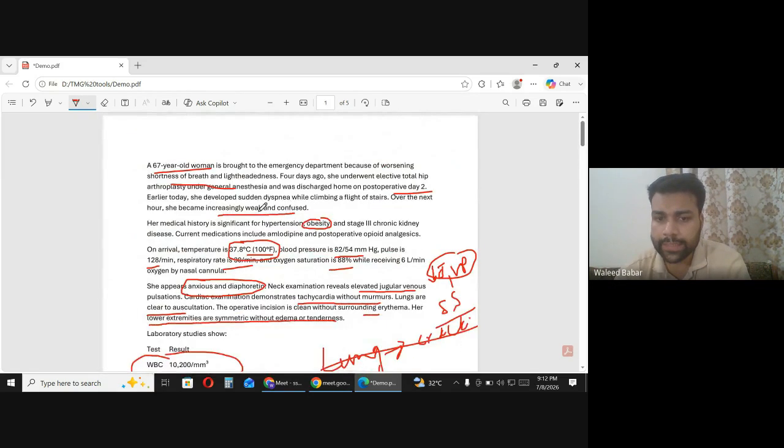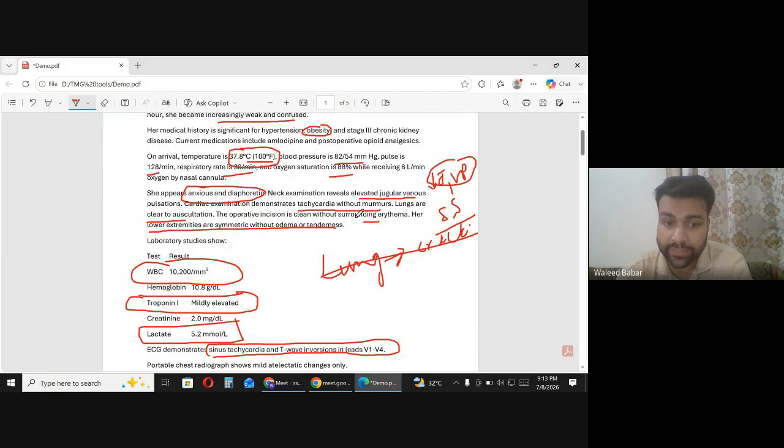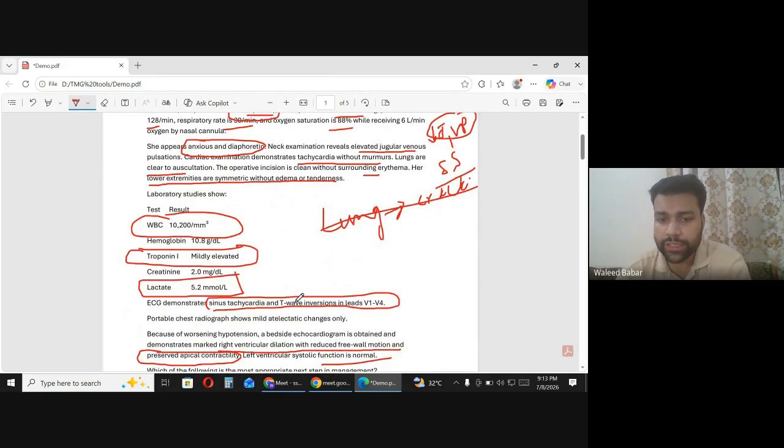So the shortness of breath, confusion with the risk factors of recent surgery and obesity, elevated jugular venous pressure with the signs of right heart strain like sinus tachycardia, T-wave inversion in leads V1 to V4 and mildly elevated troponin.